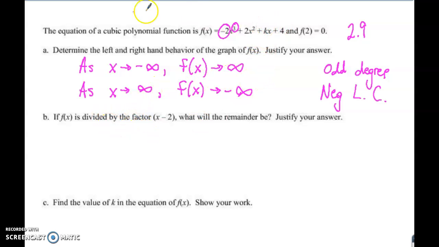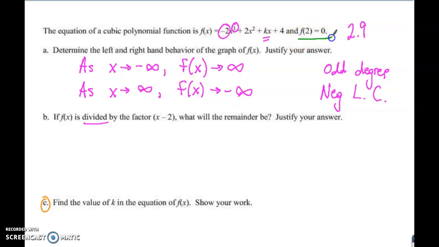And on the next part, if f of x is divided by a factor of x minus 2, what will the remainder be? Well, before you even do that, you better figure out what k is in the problem. So that would involve some scratch work. Oh, I guess you don't need what k is, because that's actually the next letter. And it's all based off of the remainder theorem.